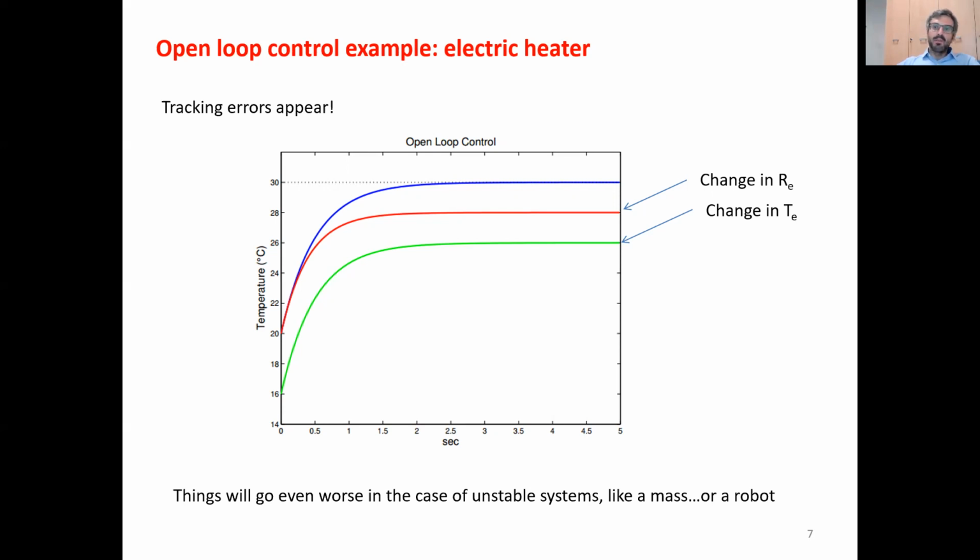There's a mass, you apply a force, and this mass diverges parabolically. I create a position that evolves parabolically. If you have a constant force, you create a constant acceleration; integrate, and you get a linear increase in velocity that becomes, if you integrate again, a parabola. So for unstable systems, you always need feedback.